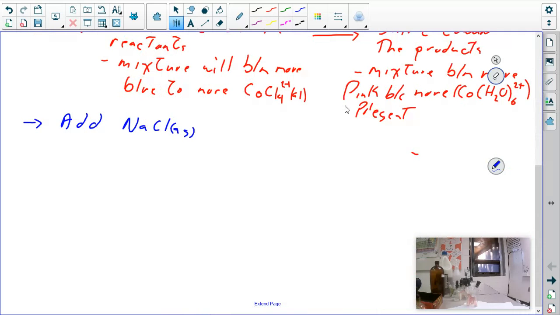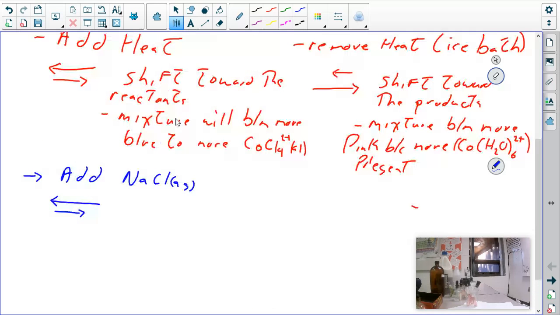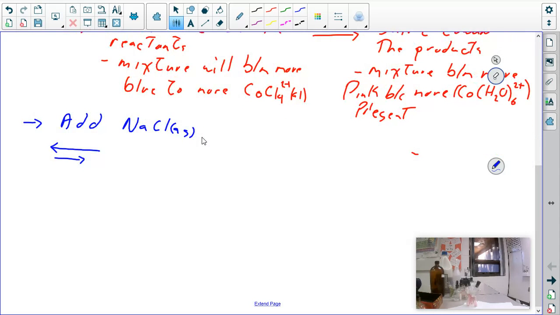Okay? Since we're adding products, the system is going to fight you, and the reverse reaction will speed up in comparison to the forward reaction. And just like above, we can see that we're going to have a shift towards the reactant. It's the same arrow system in both.